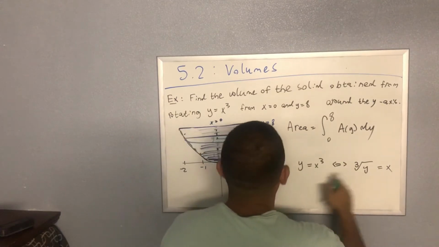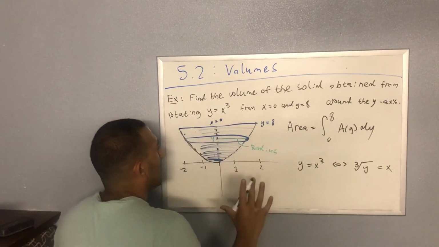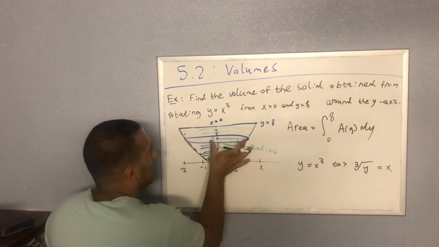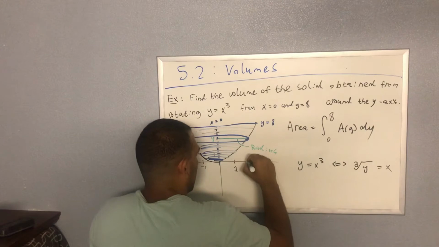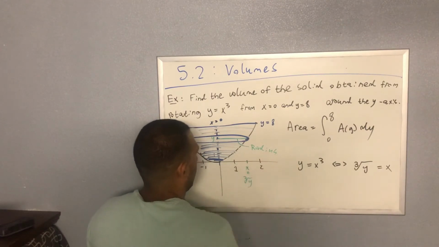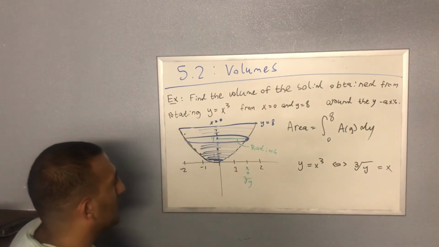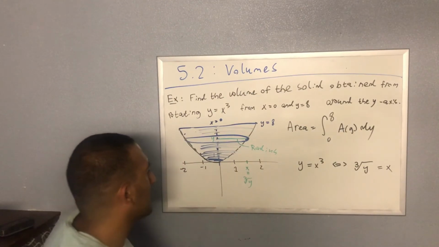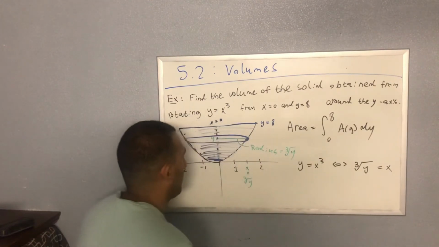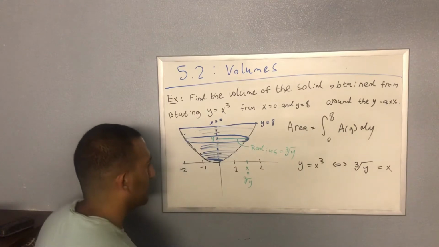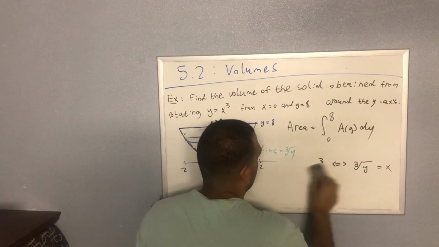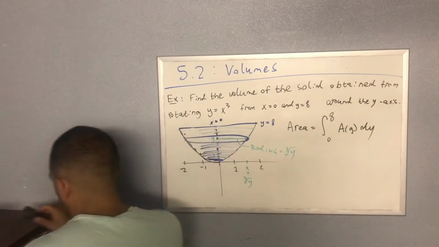So the cube root of this point y, whatever it is, it could be like 4 or 8 or whatever, tells you this distance x here. This here is x, and that's the cube root of y. So that is perfect. That's our radius. So the radius is the cube root of y. And that's very good because now we can figure out what the cross-sectional area is.